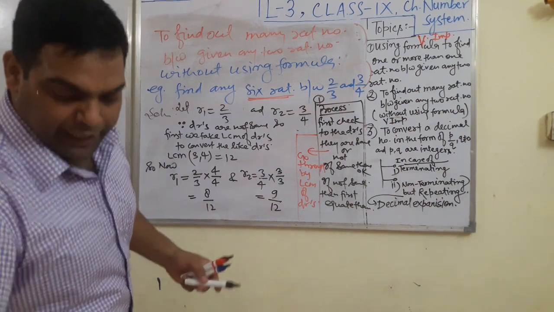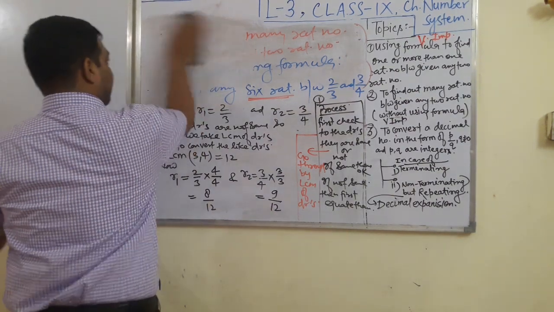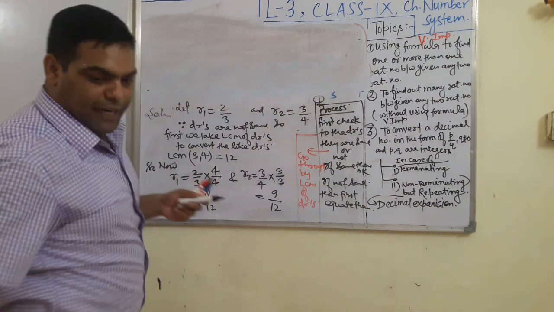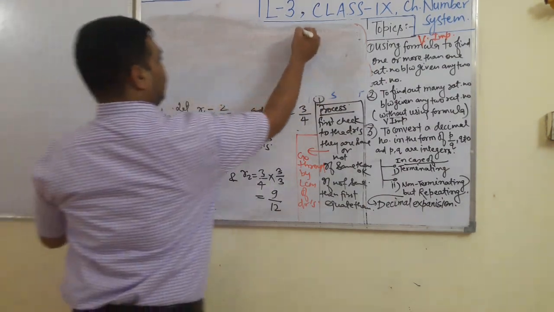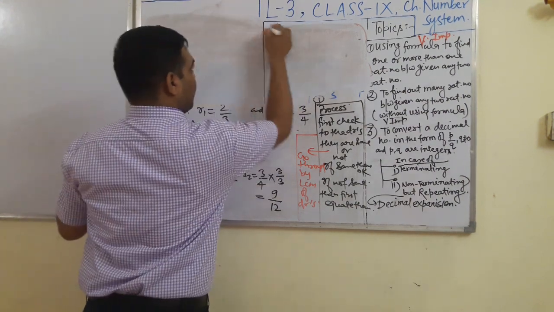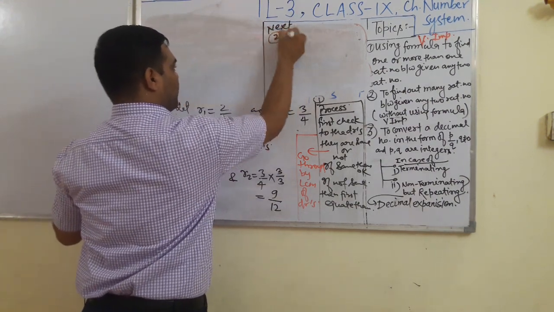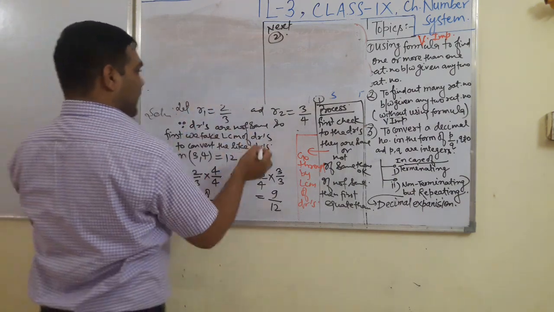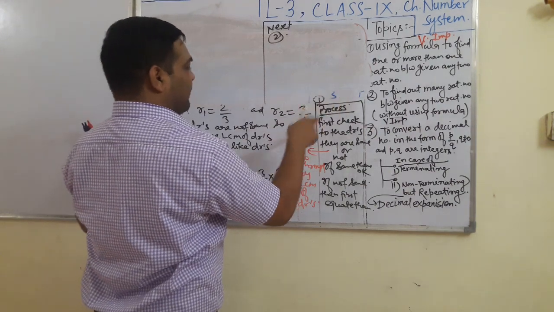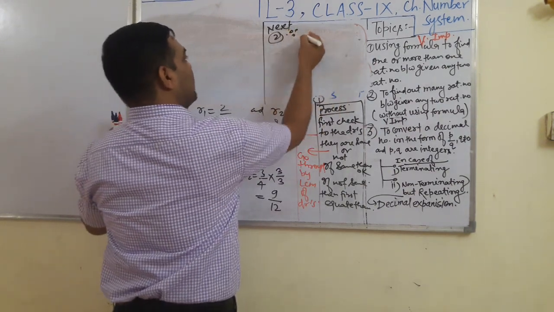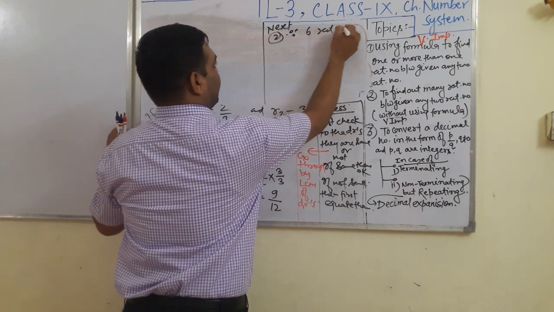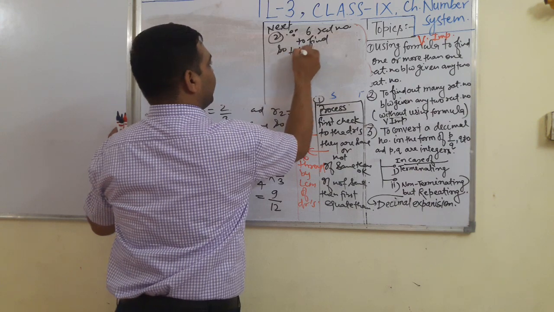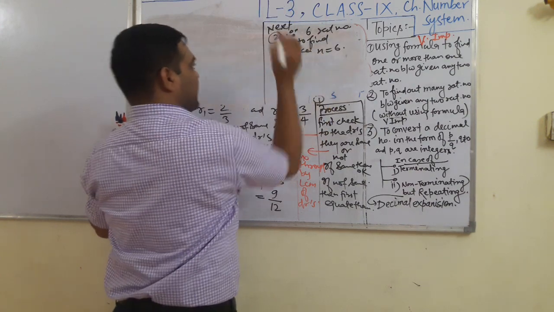Okay students, see just after it how to proceed. I am telling you, easily try to understand. The second important point, students: next, point number 2. Now see how many rational numbers to find. See here, 6 rational numbers have been asked for in the question. Since 6 rational numbers are to be found, take n equal to 6.